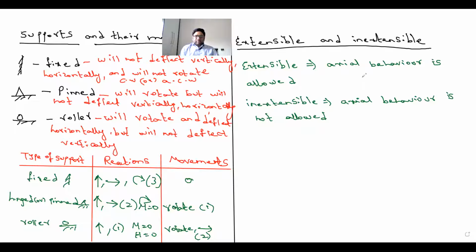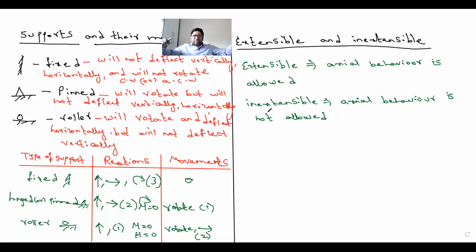So now what is the understanding here? Let us take an example, as I said before, that whenever we allow the movement of any object or any beam horizontally, horizontal movement corresponds to the axial behavior. Axial means horizontal.